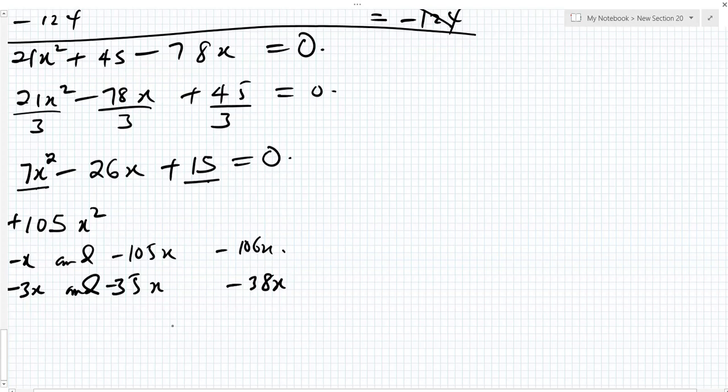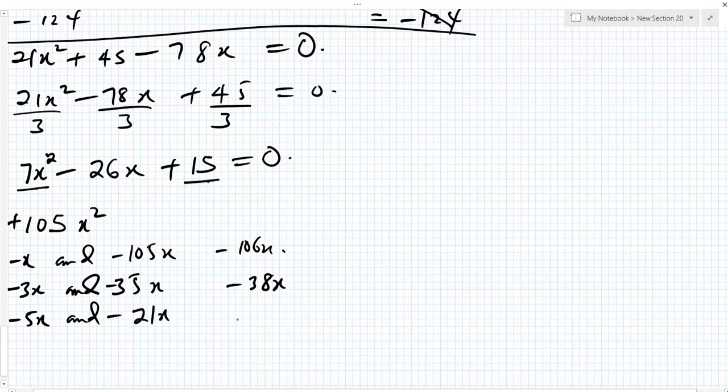Now what is another factor? Another factor of this, if you say 7, now another factor, you say 5. Let me say minus 5x and minus 21x.